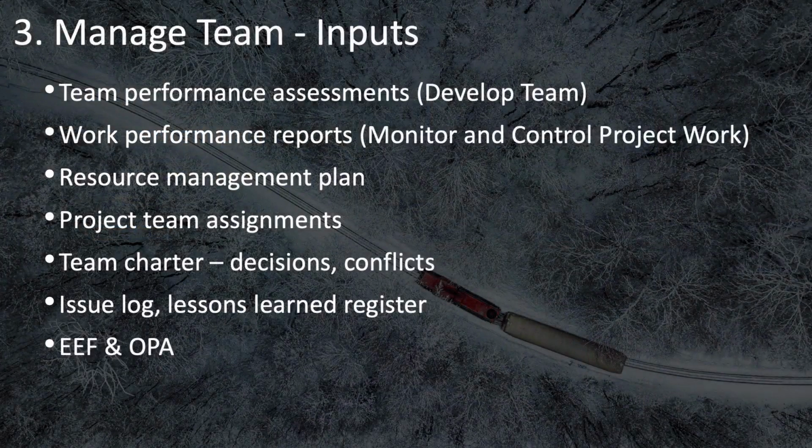Now for the inputs to the managed team process. The primary inputs are the team performance assessments, which come from your developed team process, and your work performance reports from the monitor and control project work process.